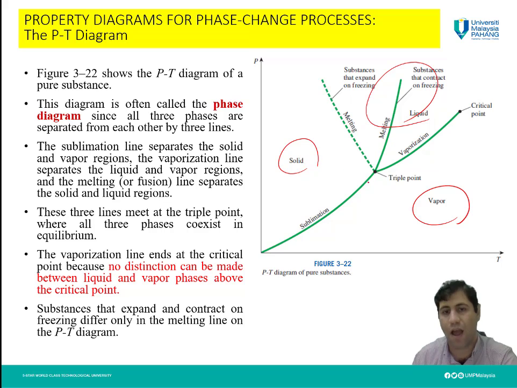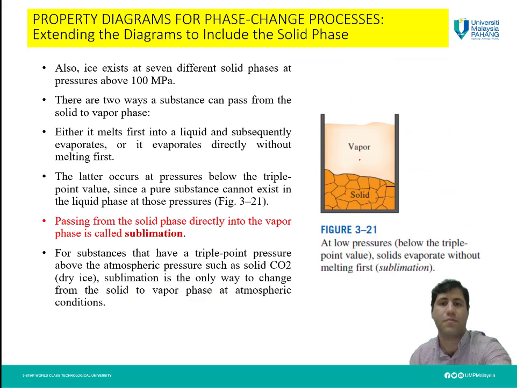You can see how these lines are separating these three areas. For example, if the temperature is less than this, it will be in the solid area. If it is higher than this, depending on the pressure, it can be in the vapor or liquid area.